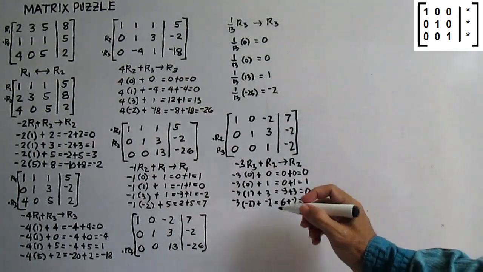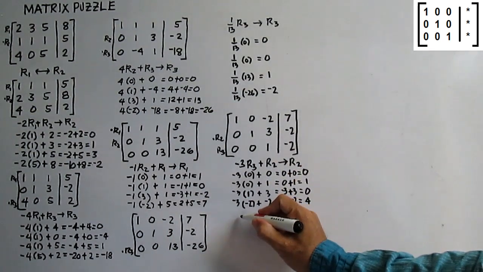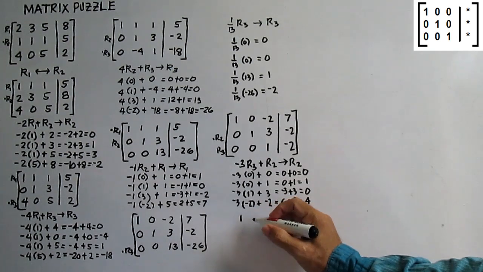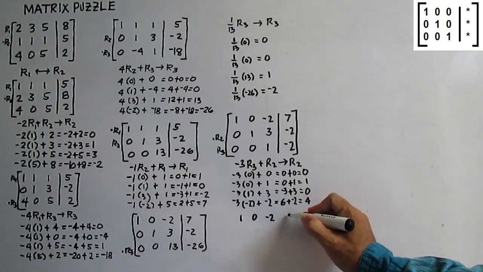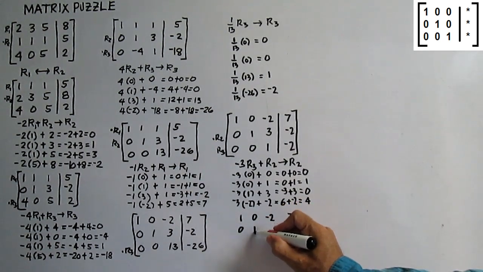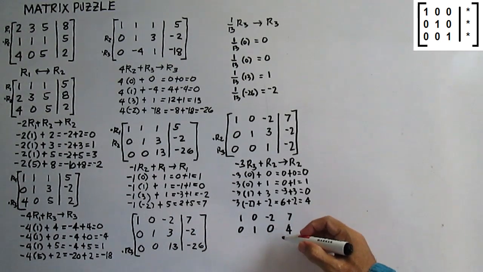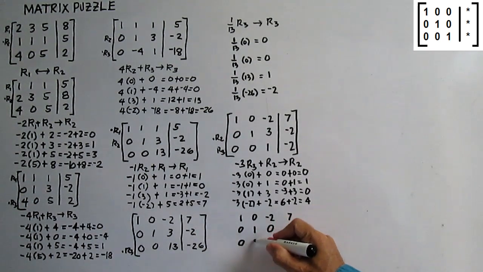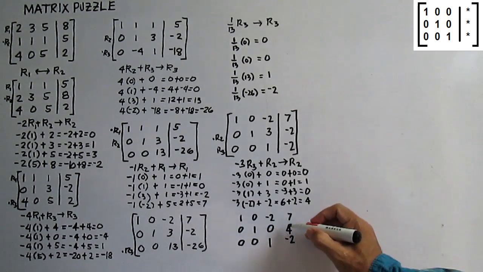Replace row 2 and copy row 1 and row 3: 1, 0, negative 2, 7, 0, 1, 0, 4, 0, 0, 1, negative 2.